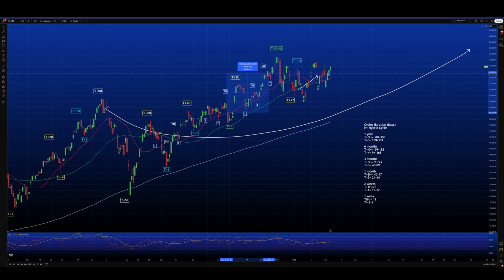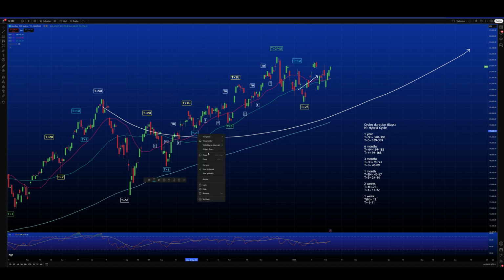So this T+1 was with a duration of 21 bars. So basically we have a T+2 and a T+1. Okay, so 48 bars is not really the standard duration, I would say, but this is what happened.